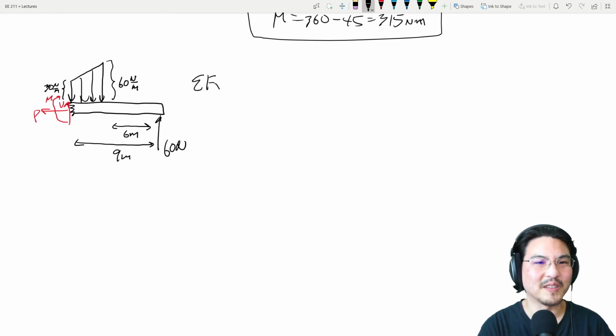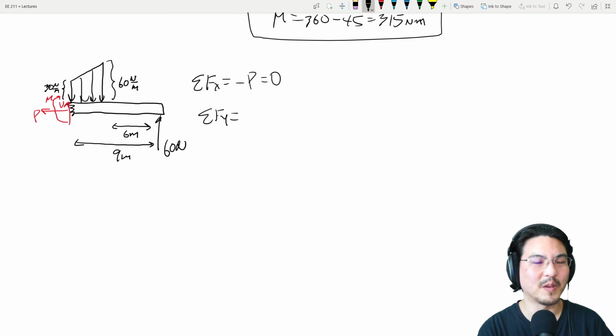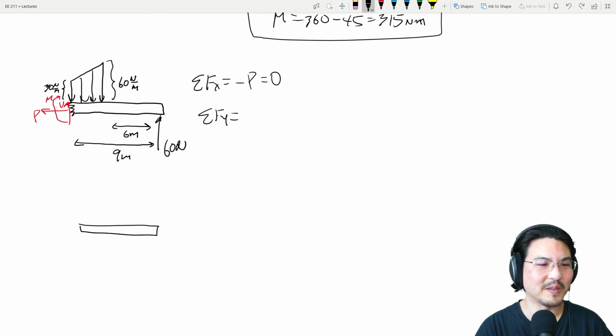So sum forces in X. Okay, we got minus P. That's it. Sum forces in Y. Okay. Again, we can represent this distributed load as a single discrete force.